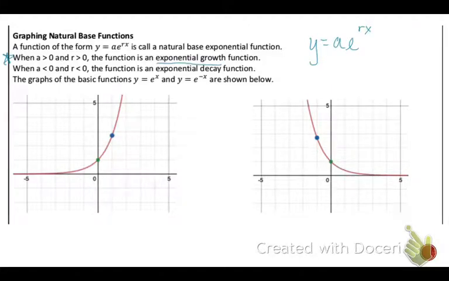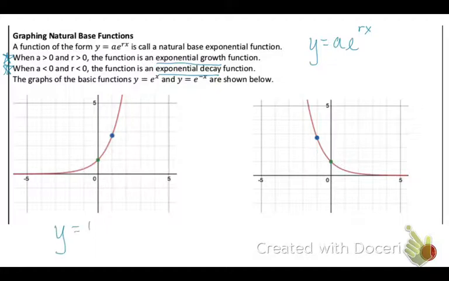When a is positive, and r is also positive, then we have an exponential growth situation like the graph on the left. When a is positive, or our beginning amount is positive, but the r value is negative, then we have an exponential decay. And if you think about what's happening mathematically with e raised to a negative power, you'll understand why that's exponential decay, because that would be a value that is less than 1.